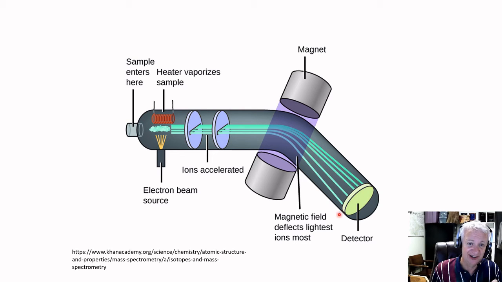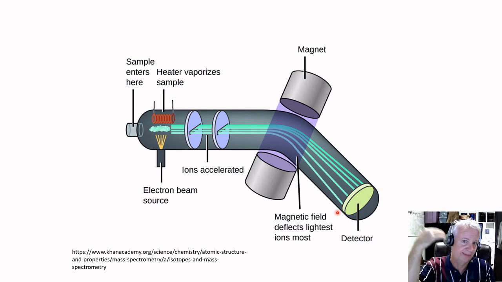There's a detector which can detect strikes by the heavier atoms relative to strikes by the lighter atoms. The ratio of those strikes, for instance carbon-13 versus carbon-12, can tell you the relative amount of carbon-13 atoms in that sample relative to carbon-12, or oxygen isotopes, for instance.